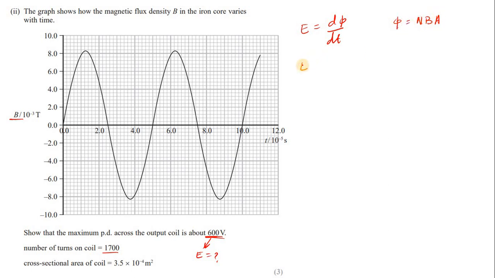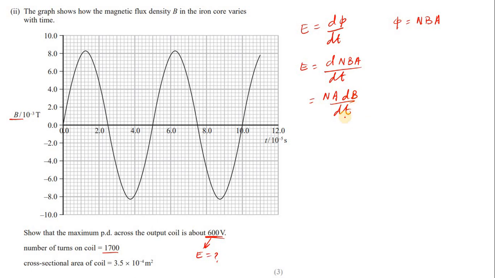So you can say that E is equal to d(NBA) upon dt. Here N is the number of turns and A is the area. These two are constant, so you can take N and A out of the differential dB by dt.